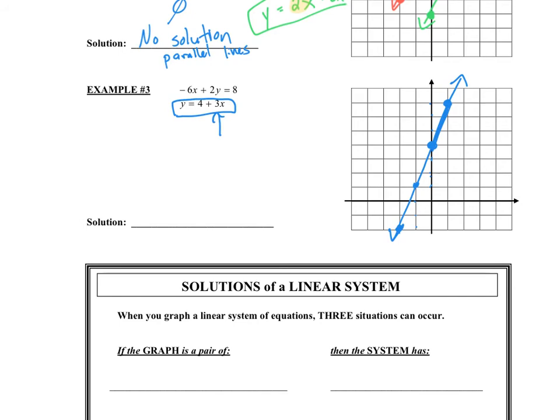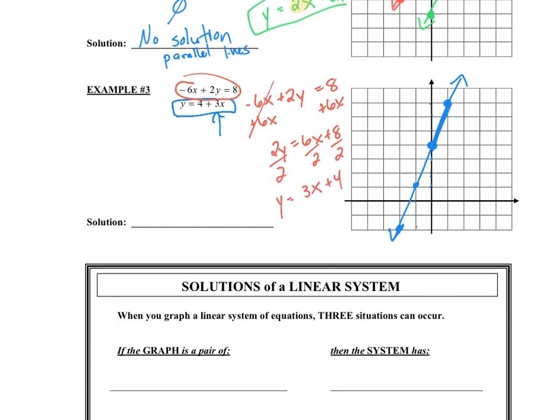Okay, change colors. I'm going to graph the second line now. So -6x plus 2y equals 8. Solve for y. You would add 6x to get 2y equals 6x plus 8. Divide by 2. Y equals 3x plus 4.